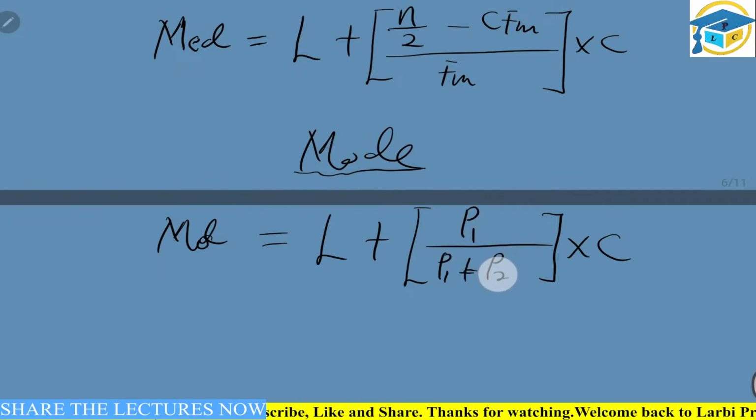P2 is the difference between the modal frequency and the next, succeeding frequency, and C represents the class width of the modal class. So this is what we need to understand when it comes to grouped data. Let's take our question to explain all these three measures of central tendency we have discussed in terms of the grouped data formula approach.